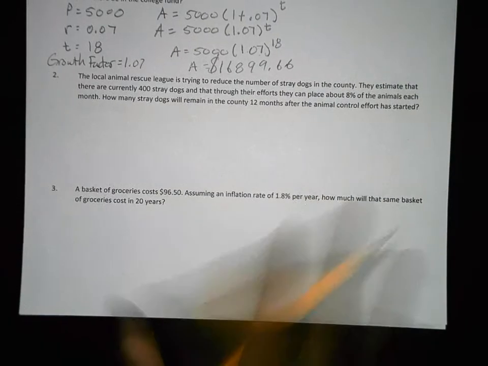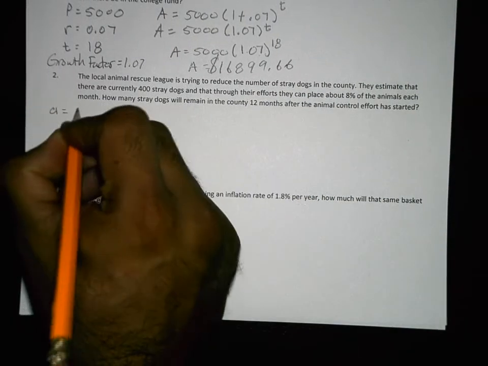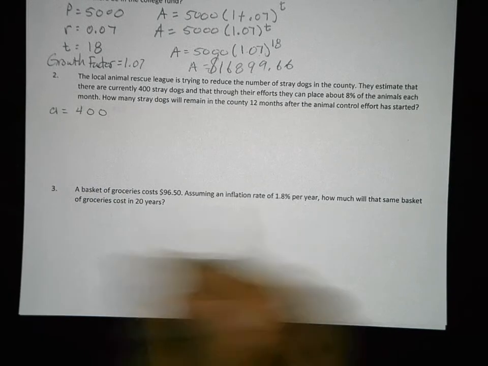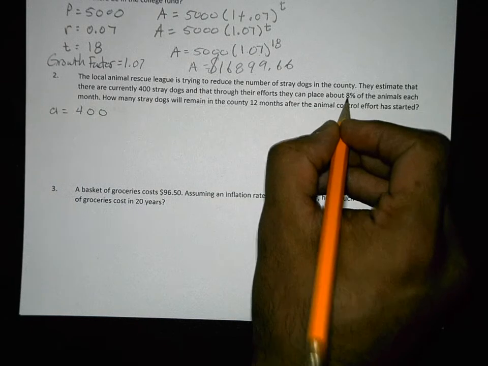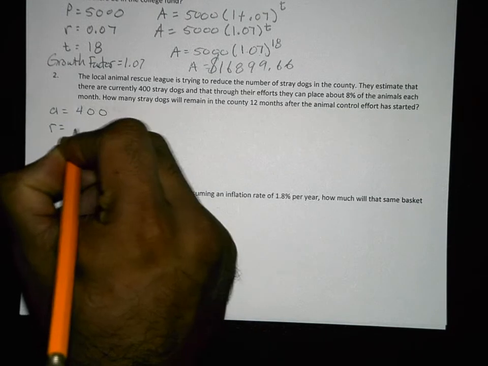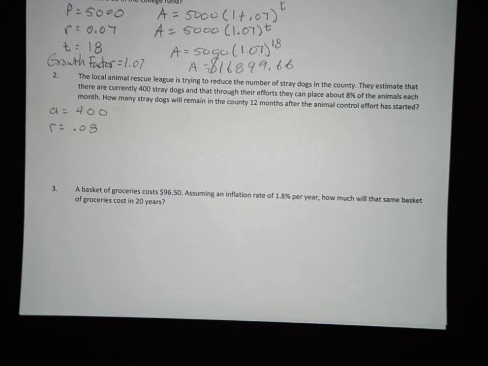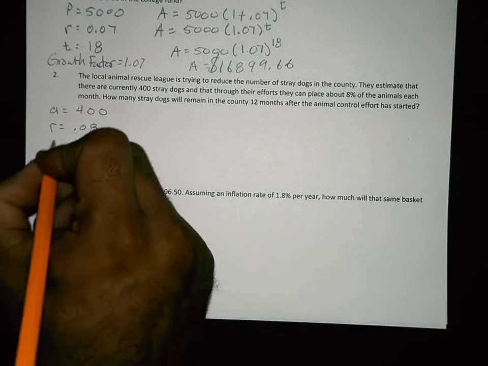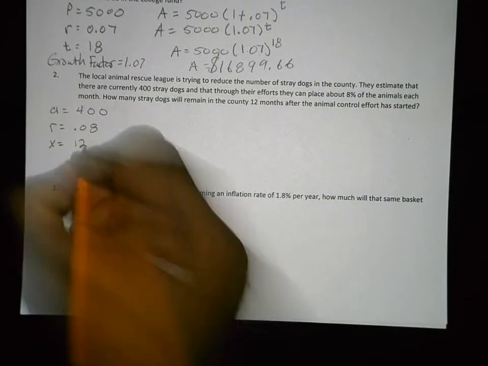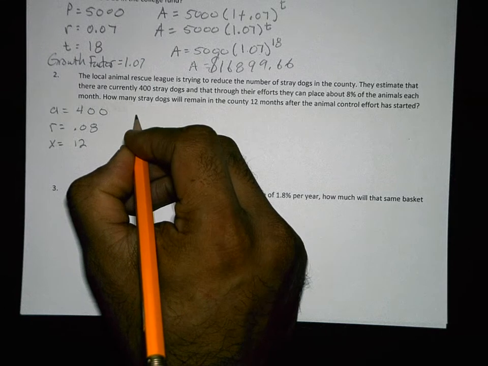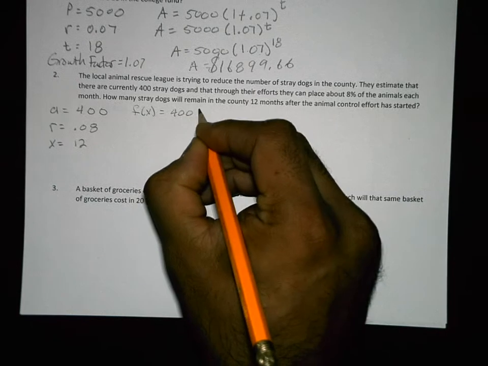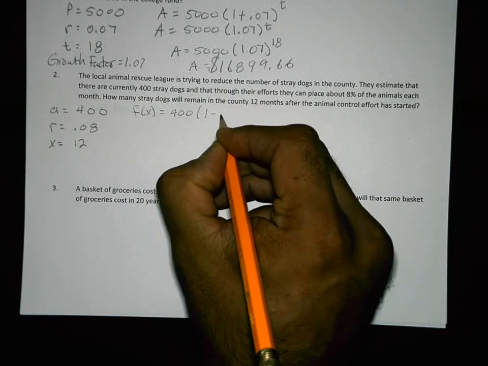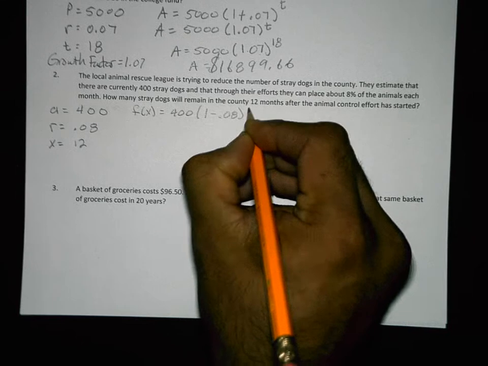So what we're going to say here is, we need to have an initial amount. Right now they estimate about 400 dogs that are stray. The rate is 8%, so we have to use that as a decimal. Eventually I'm going to plug in 12 months into my function as my input. So I'm basically writing my function as f of x equals 400 times 1 minus r to the x.